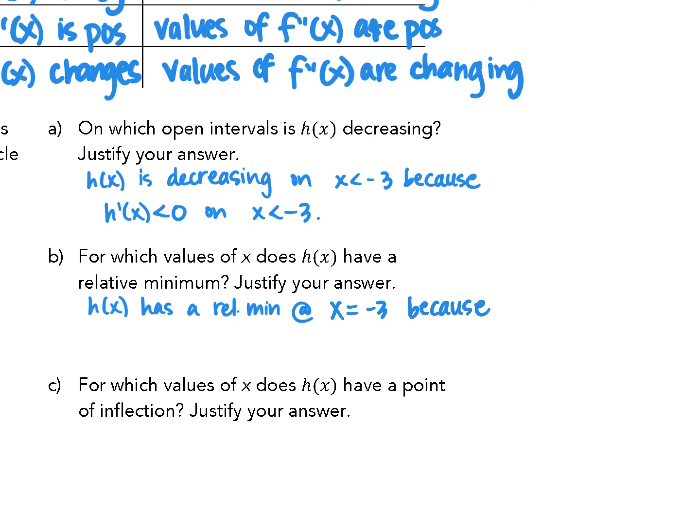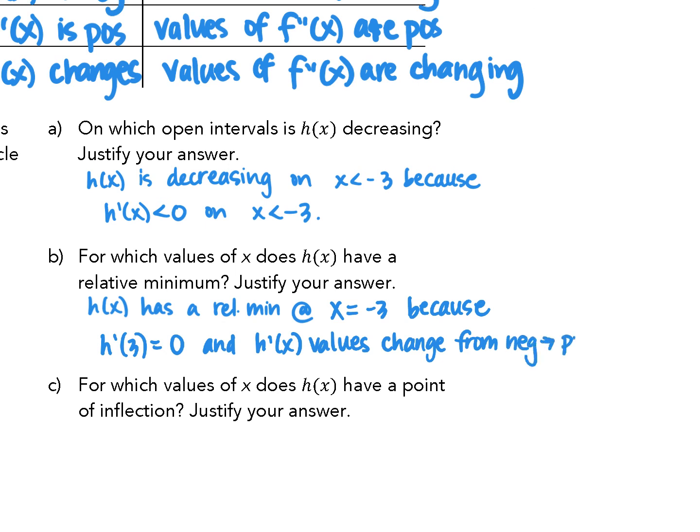Okay, it has a relative minimum because h prime of 3 equals 0, and h prime of x values change from negative to positive. Okay, good, clear, concise. I've covered everything I need to do.